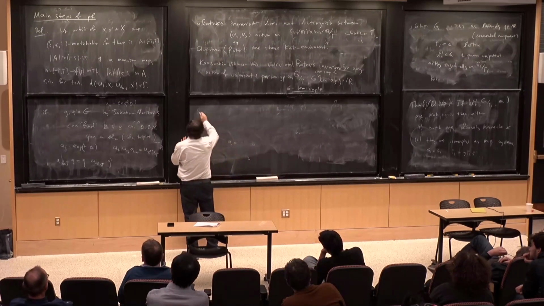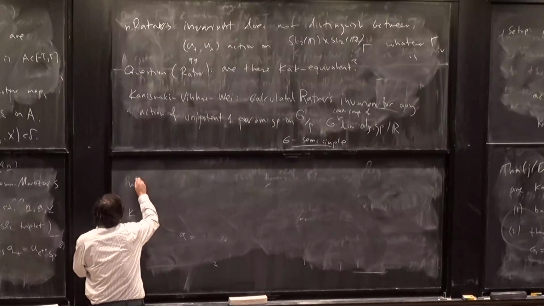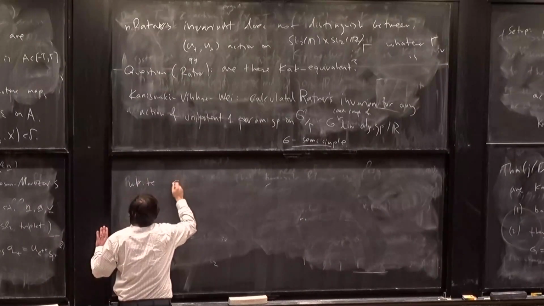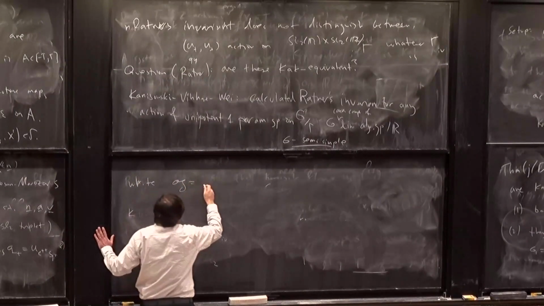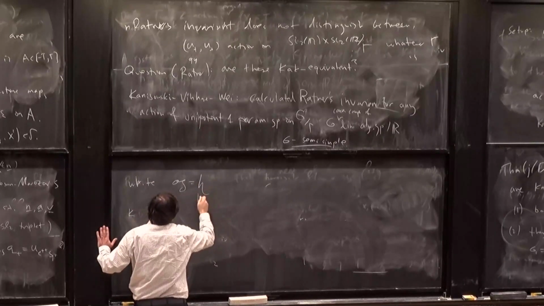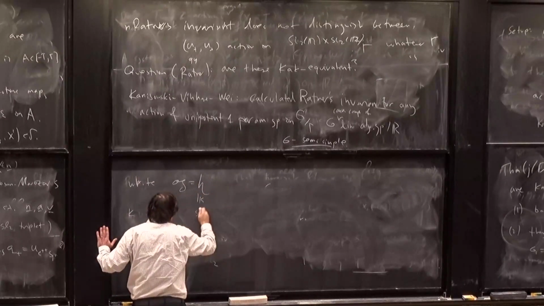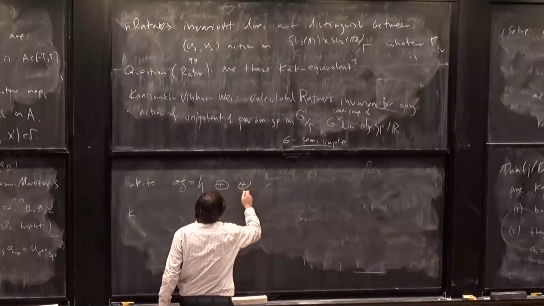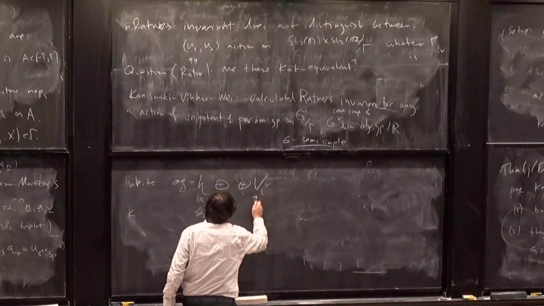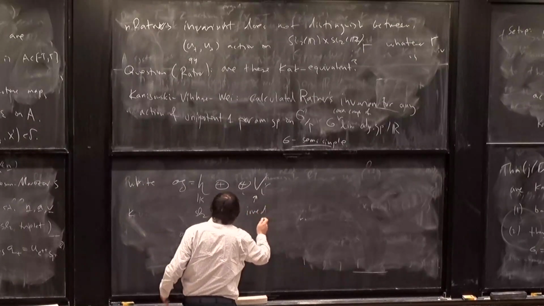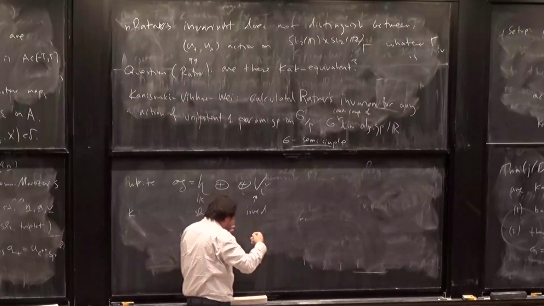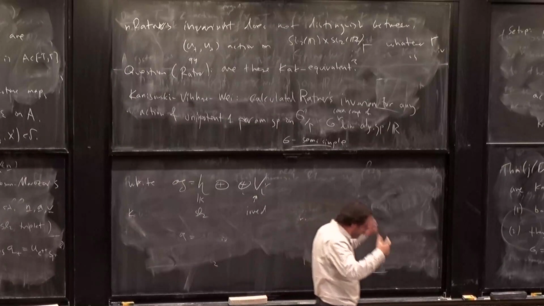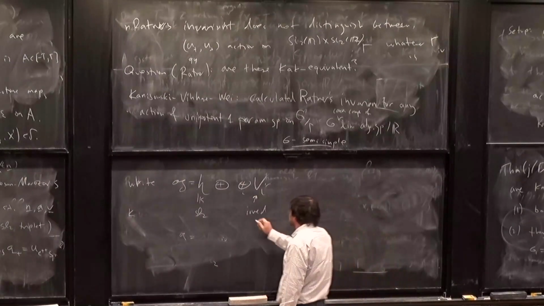So now write the Lie algebra of G as the Lie algebra of this SL2, and then some union of irreducible representations. These are irreducible Lie representations of the SL2, or irreducible representations of the lift of this group.